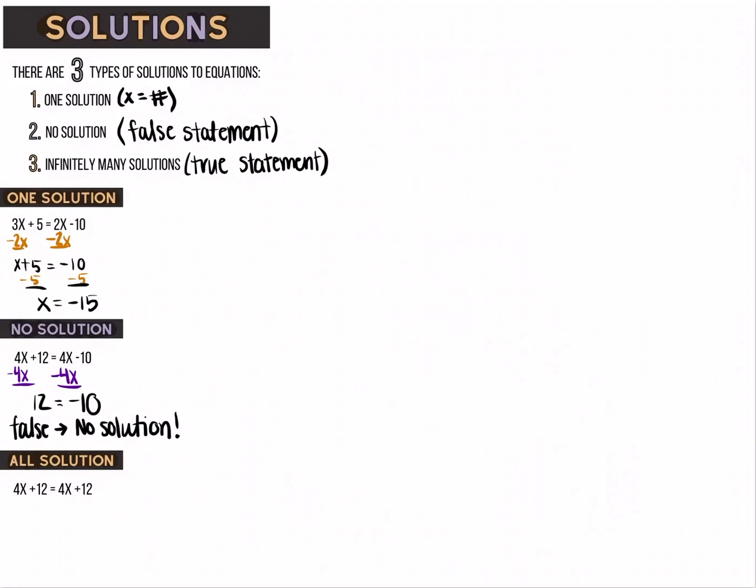And then for all solutions, or infinitely many solutions, we're going to subtract 4x. It's a similar equation, but not quite. We're going to subtract 4x, and what I'm left with, the 4x's cancel. 4x minus 4x is 0. So what I'm left with is 12 equals 12.